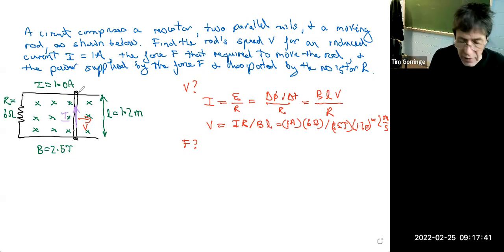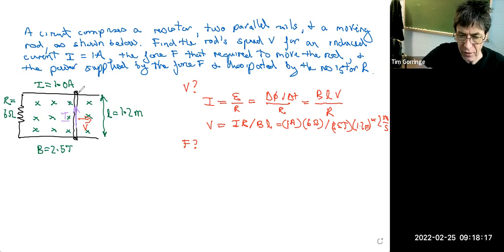So that current is immersed in a magnetic field. And those are the ingredients for a magnetic force. And so next step, let's figure out the direction of the magnetic force. The magnetic force is given by another right-hand rule. It's the right-hand rule for the magnetic field equation. That's the one that says you take the palm of your hand and you point it in the direction of the current, so up the screen. You curl your fingers in the direction of the magnetic field, so that's into the screen. And then your thumb will point in the direction of the magnetic force.